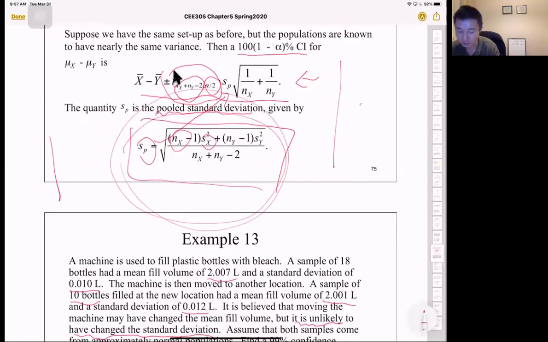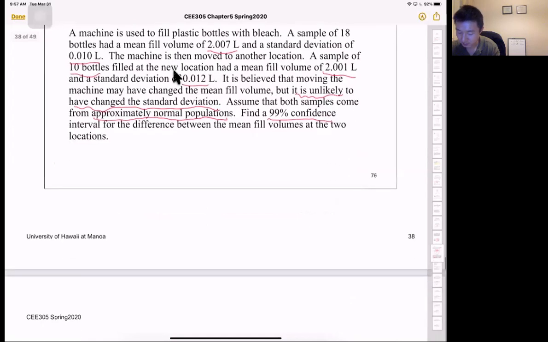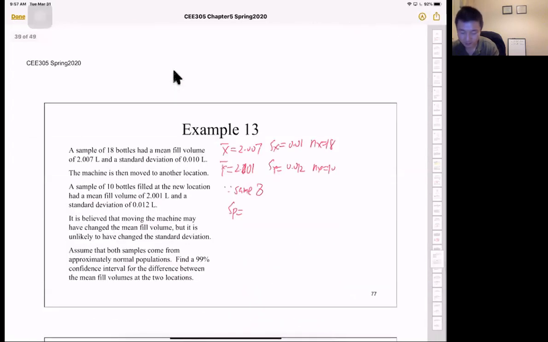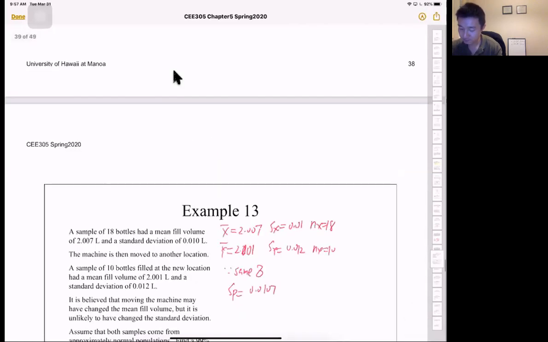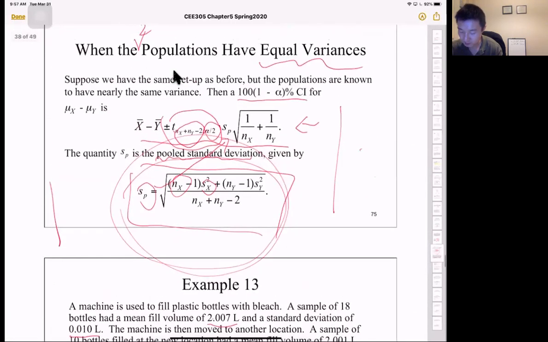Use this equation, plug in the numbers nx, sx, ny, sy. So SP is equal to 0.0107.